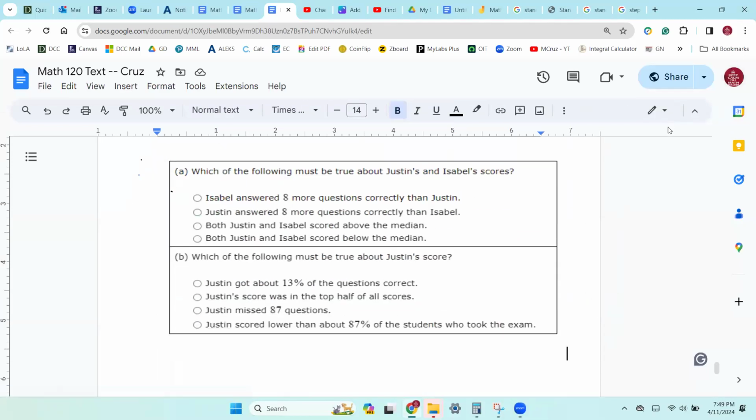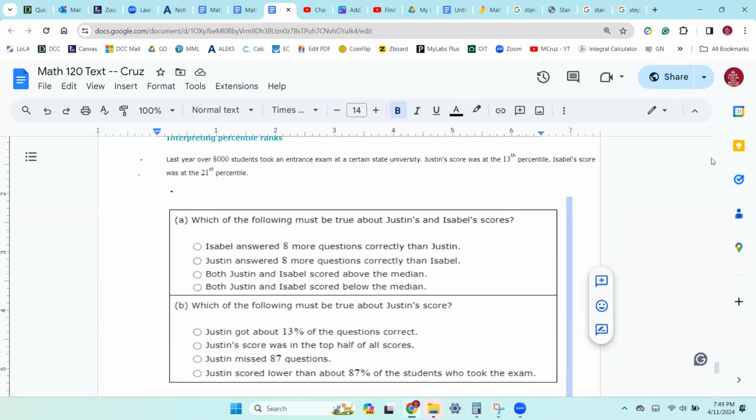All right. So last year, over 8,000 students took an entrance exam at a certain state university. Justin's score was at the 13th percentile. Isabel's score was at the 21st percentile.